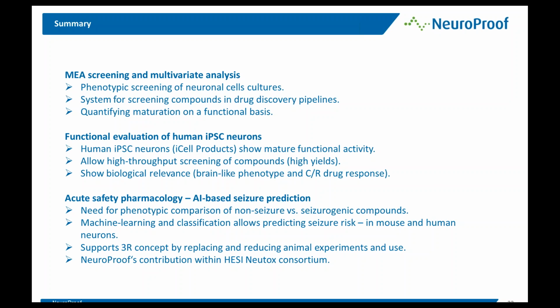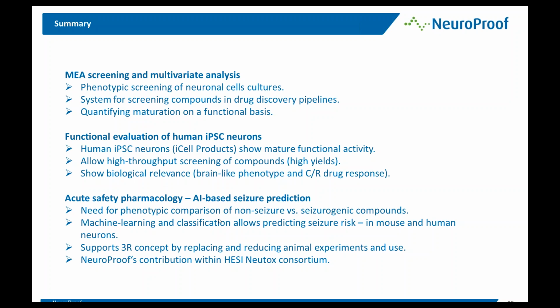And this is very important to address the quality of human iPS neurons, especially that those cells which we have in hand from CDI show a very mature functional activity with synchronized activity patterns, which can be used for screening, have a really high yield in terms of high throughput screening applications. And they show this biological relevance, like that a dopaminergic culture is most similar to ventral midbrain of mouse, or to hippocampus in terms of GlutaNeurons.